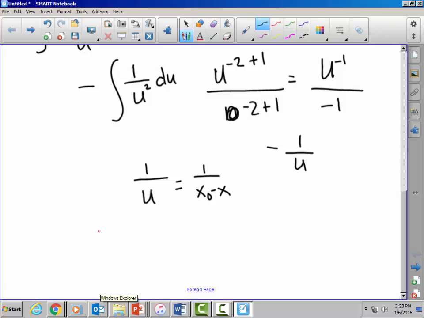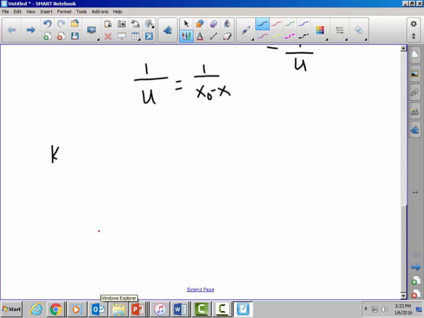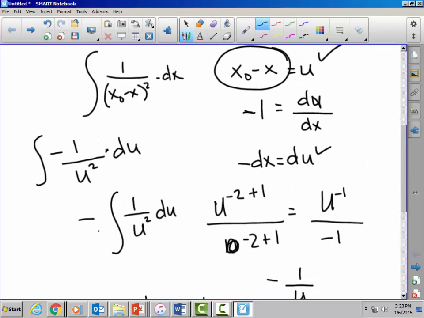So how does that fit into our original integral? Well, we had k lambda pulled out. And then we had our integral, which is 1 over x naught minus x. And we're going to evaluate this. If I didn't write this up here, I do apologize. We're going to evaluate this from 0 to L, right?